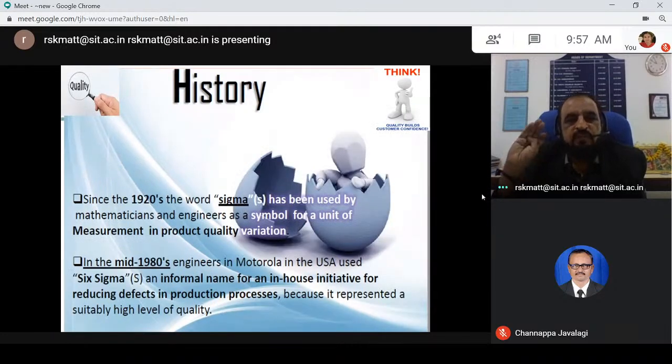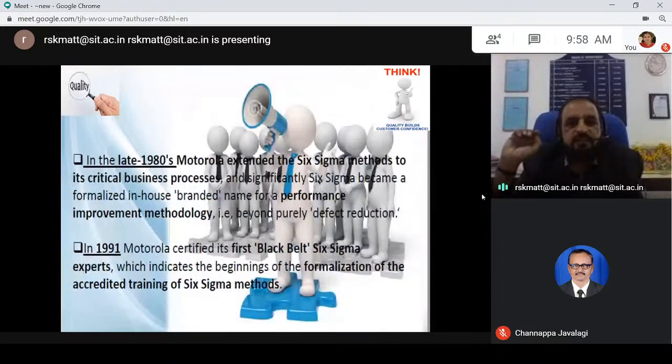In the 1920s, the word sigma was used by mathematicians and engineers as a symbol for the unit of measurement in product quality variation. In the mid 1980s, engineers at Motorola in USA used Six Sigma as an informal name for their in-house initiative for reducing defects in production processes, because it represents a suitably high level of quality. In the late 1980s, Motorola expanded the Six Sigma methods to critical business processes for performance improvement.